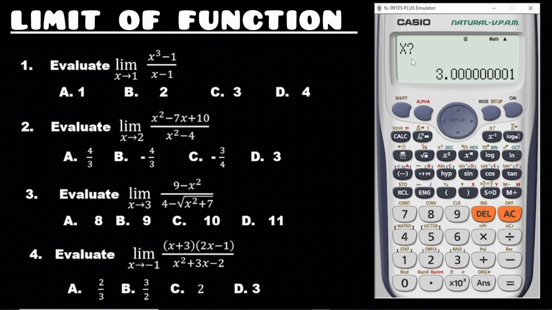Then, after you are done entering the data, you press the calc button, and you are being asked what value of x do you want to use. Now the question says the x is approaching negative 1. That means it is not negative 1, but a number close to negative 1. So for example, we can have negative 1.00 with all the zeros, 0.1.